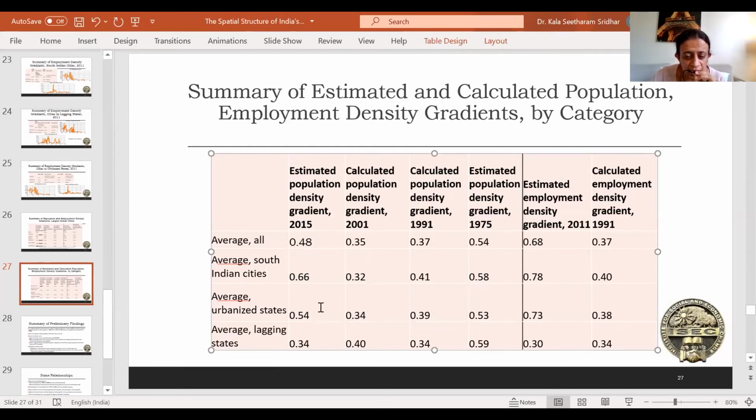And this is again for the urbanized states, they centralized, and lagging states significantly suburbanized, right? And a very similar story, but here it all seems as if the employment centralized significantly, except in the case of the lagging states. But that could be a caveat of the calculated gradient problem.